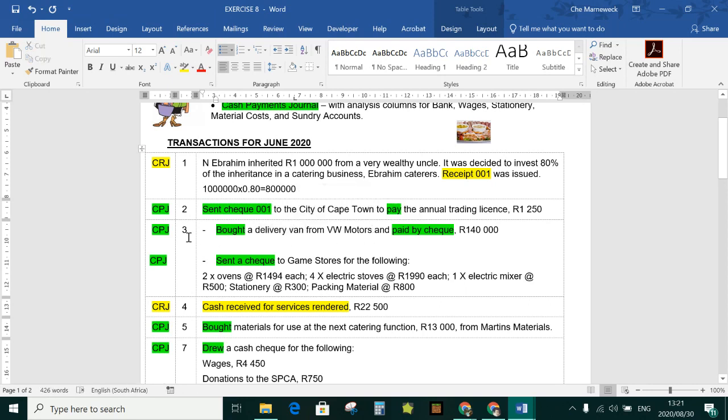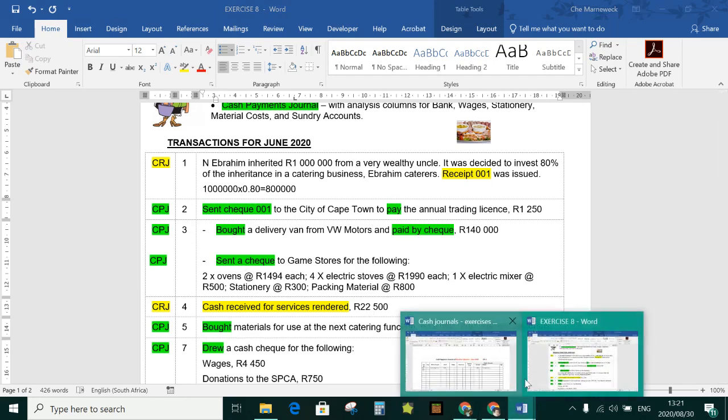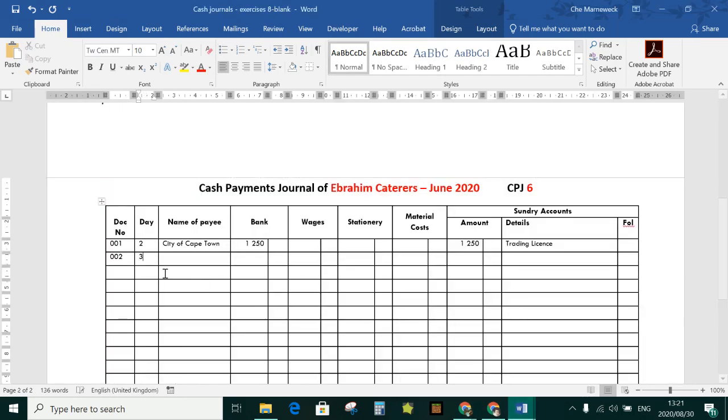So, day 3, we are buying from VW Motors. We are paying 140,000 for our vehicle. None of these column headings contain vehicles, so we go to sundry and we record it as vehicles.